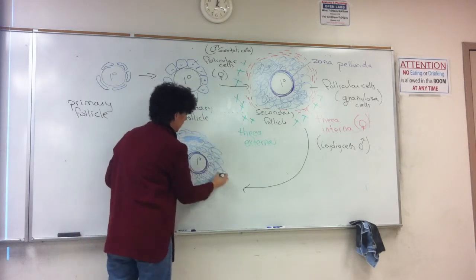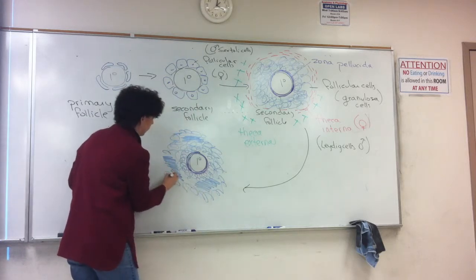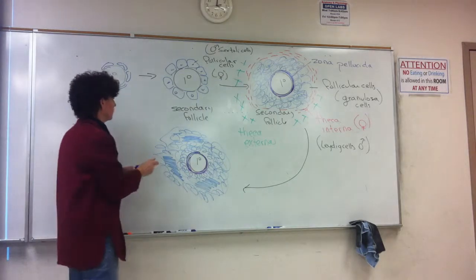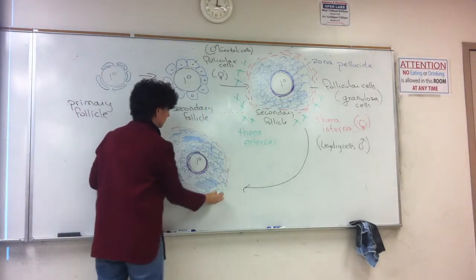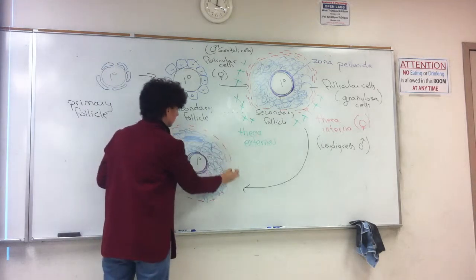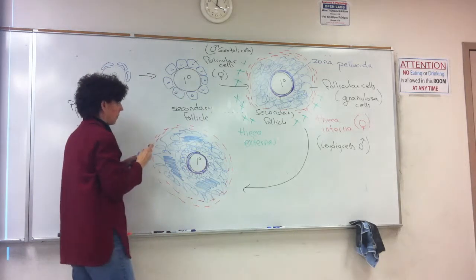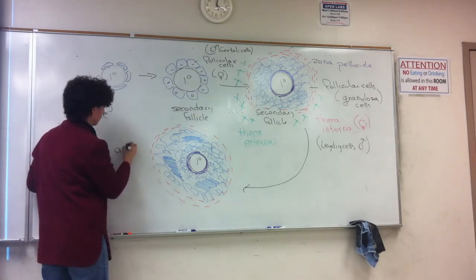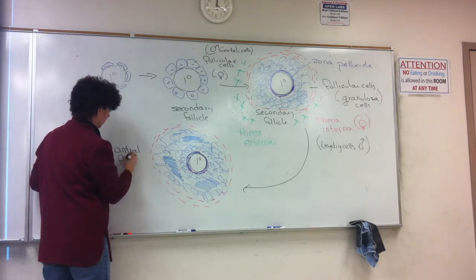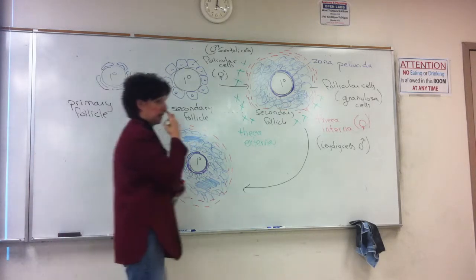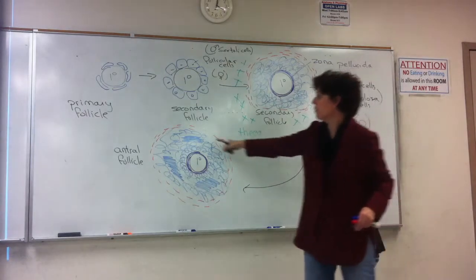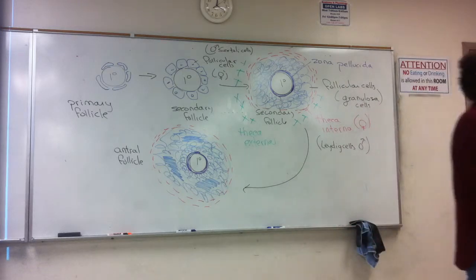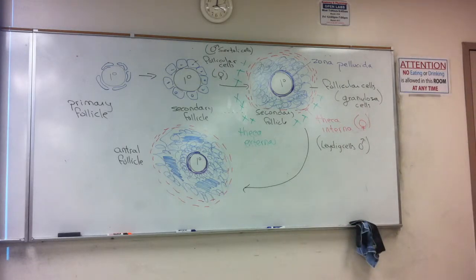As soon as that appears, it is an antral follicle. So it has one or more of these spaces, an antrum. They start to join together, but as soon as it starts to show a space, it is an antral follicle.